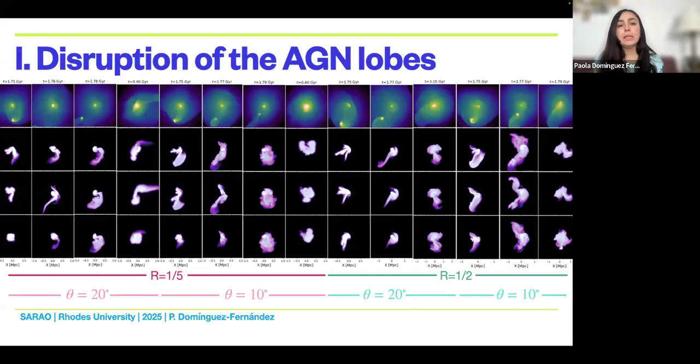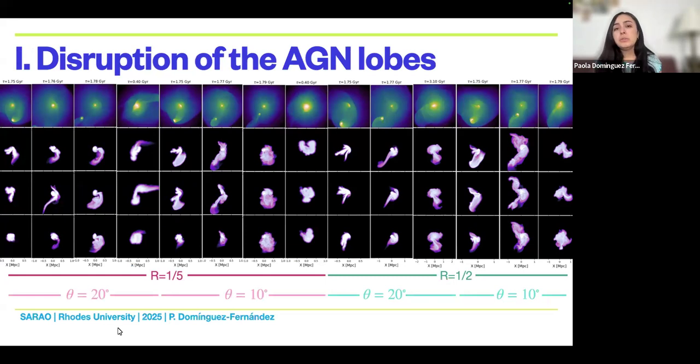So the first part of the evolution, of course, is the disruption of the AGN lobes. And here I'm showing you in the top panels, again, the projection maps of the density, and in the lower panels, the projection maps of, again, the cosmic ray pressure.